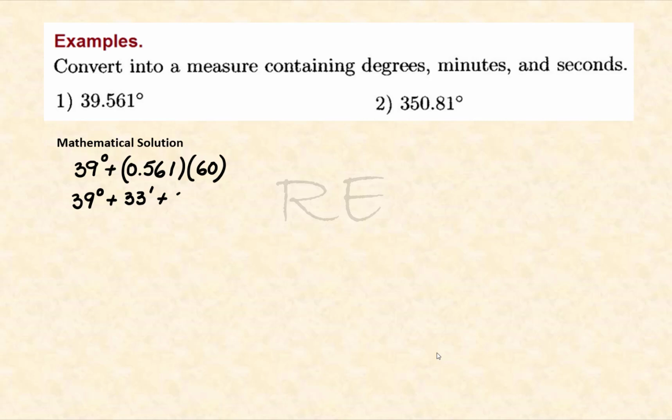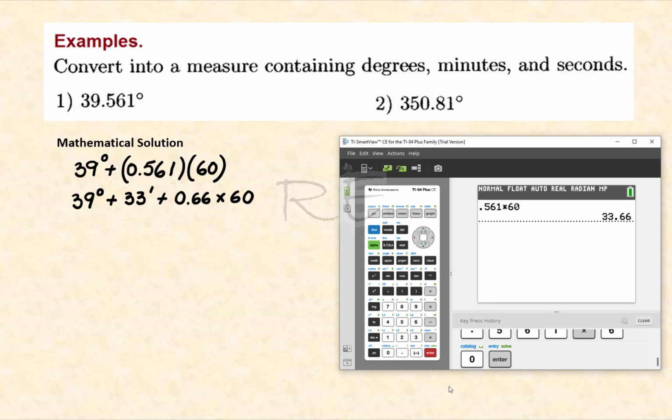Now 0.66 will be multiplied by 60, or divide by 1 over 60, it's the same thing, to find the number of seconds. 0.66 multiplied by 60, we get 39.6.